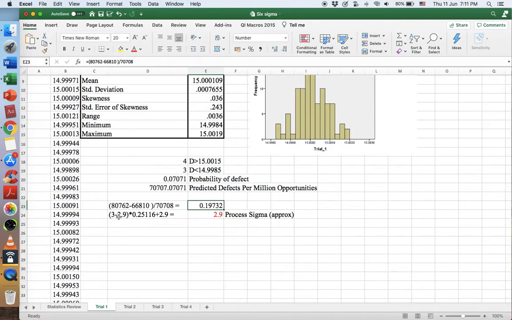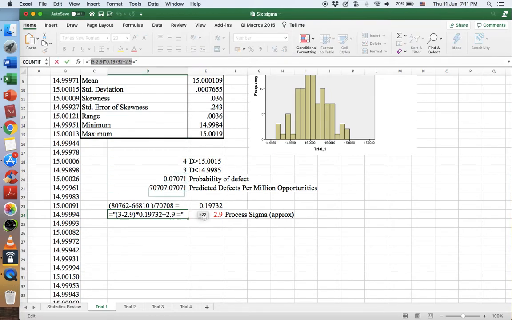So we're going to take 0.1, multiply that by 0.19732, and add that to 2.9. And again, this is an approximation because a normal curve is just that.